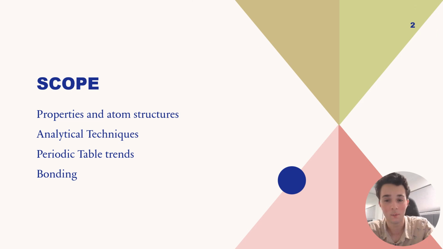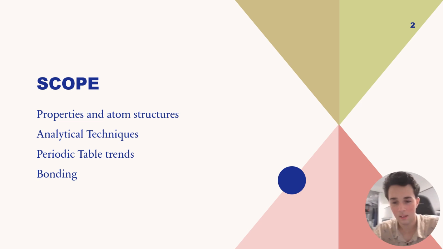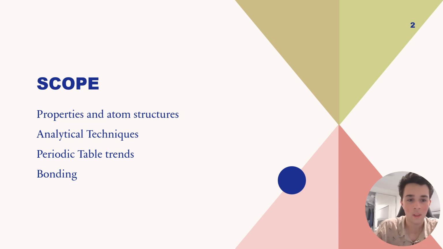Let's get to it without further ado. Today we are going to be looking at properties and atomic structures, analytical techniques, periodic table trends, and bonding. Properties include how atoms react and what atoms are made of.